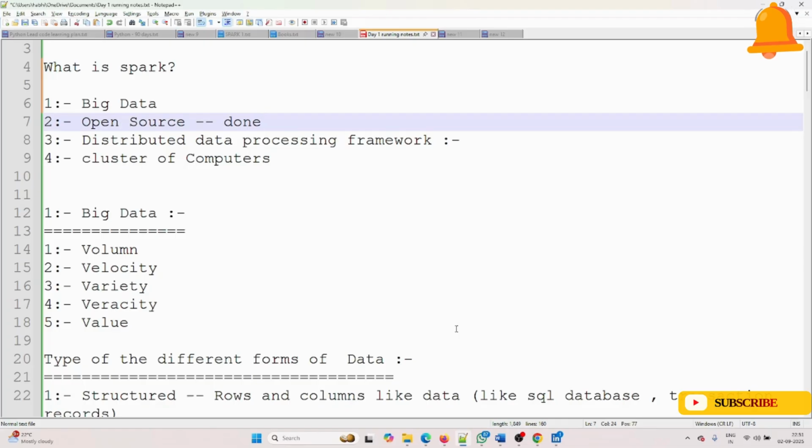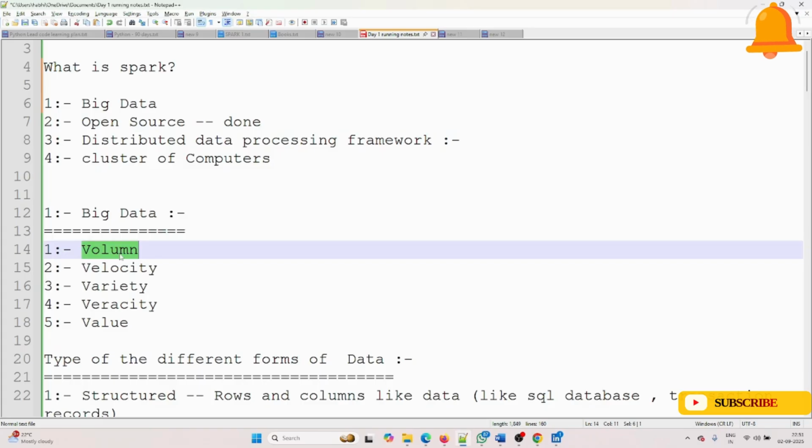Big data has five characteristics: first is volume, second is velocity, third is variety, fourth is veracity, and fifth is value.